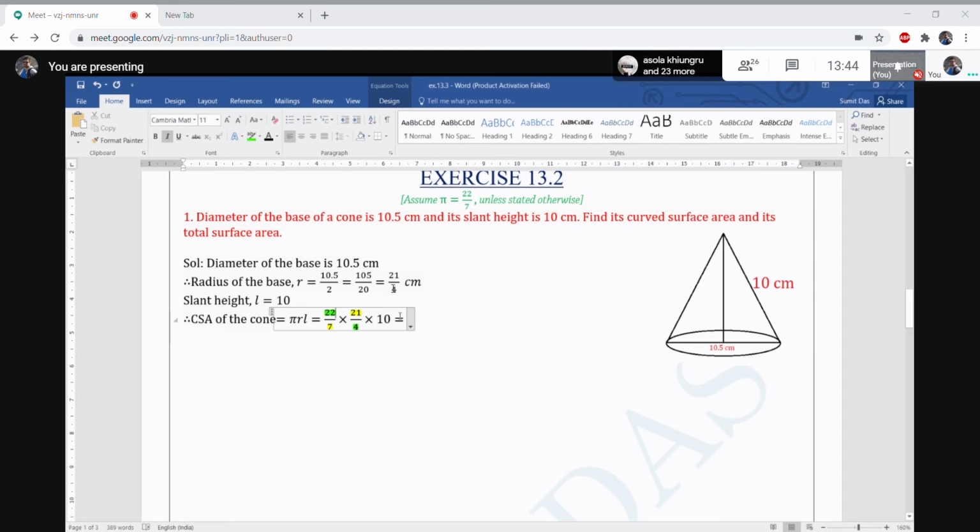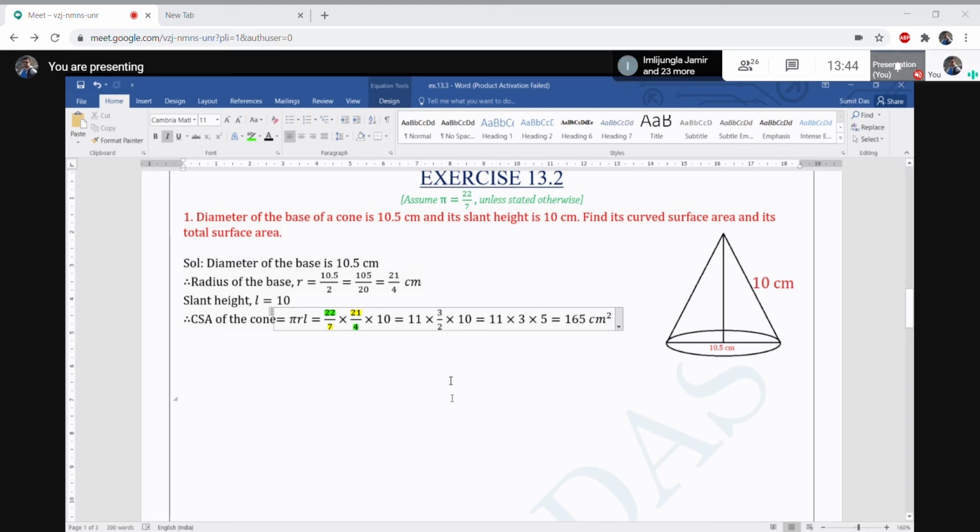So basically we'll get 11 into 3 by 2 into 10. Then 10 and 2 will be cancelled, so we'll get 11 into 3 into 5. If you simplify this, we will get 165 centimeter square.